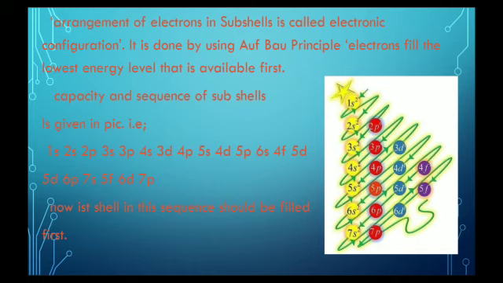So look at the arrangement that I have typed on the side of this picture. That is 1s, as my pencil will touch 1s first, so I have written 1s first. Then my pencil touches 2s, so I have written 2s. Then my pencil touches 2p, I have written 2p. 3s, in the arrangement also 3s. Then when I start cutting the next, it will touch 3p first and 4s.